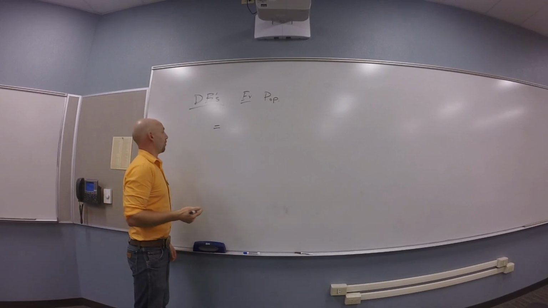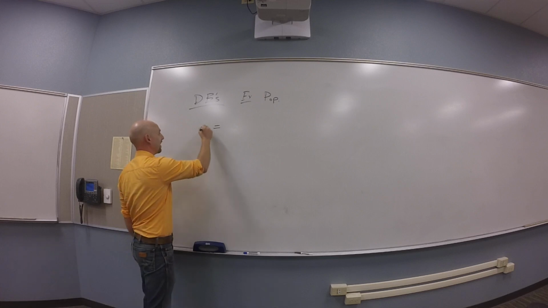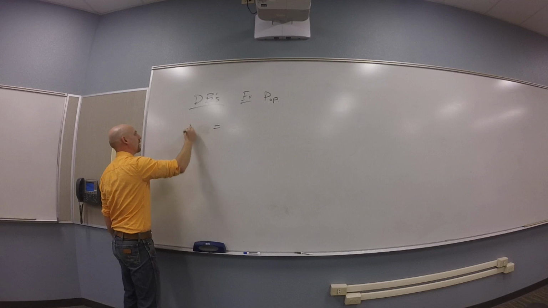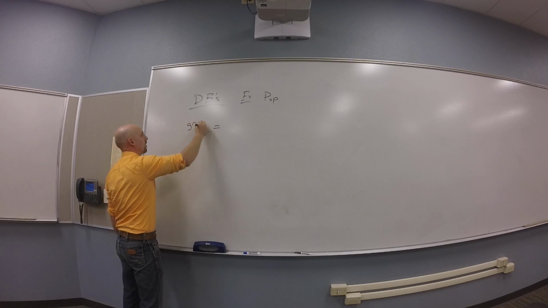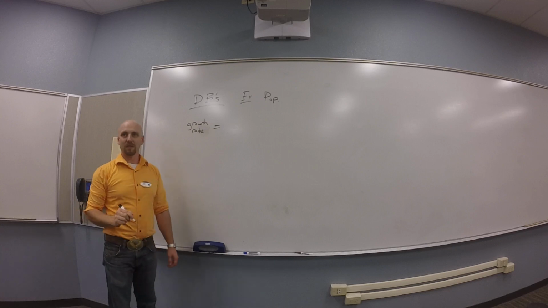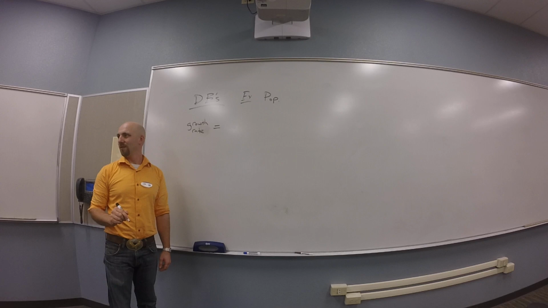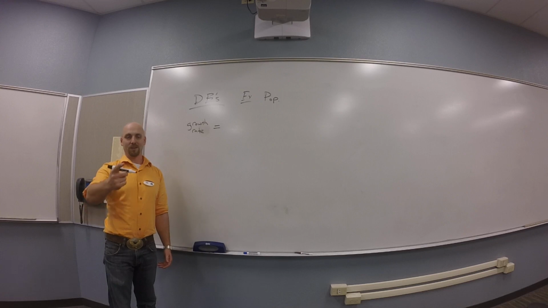What do I know? Well, my best guess is that the population has a growth rate, right? And the growth rate should be what? What do you think about the growth rate of a population? Usually positive.